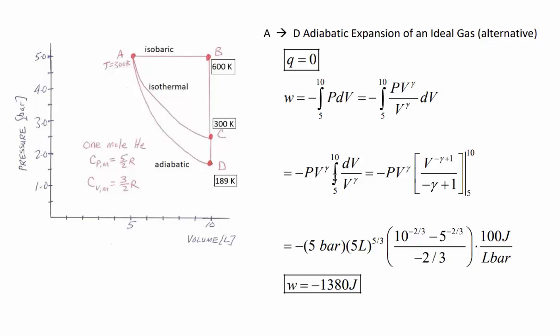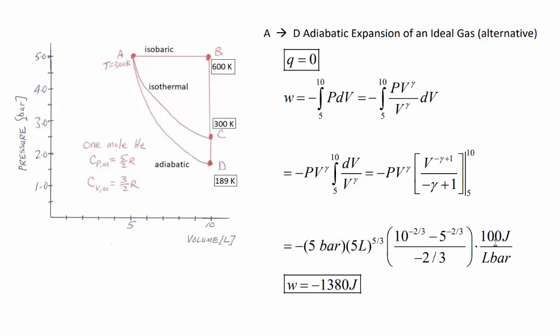That leaves us with the integral of 1 over V to the gamma. If I use my antiderivative formula, that gives me V to the minus gamma plus 1 over minus gamma plus 1. And I can evaluate that at the endpoints 10 and 5 and do the subtraction there.